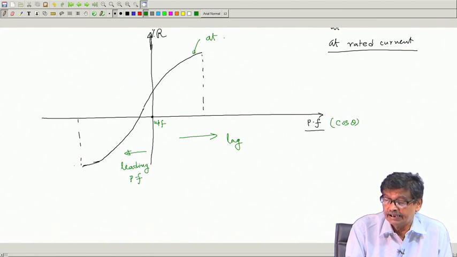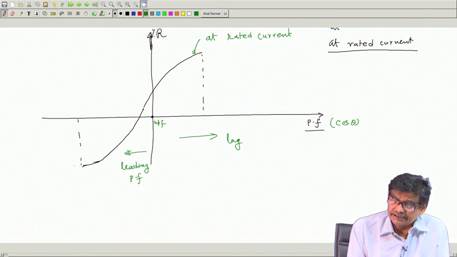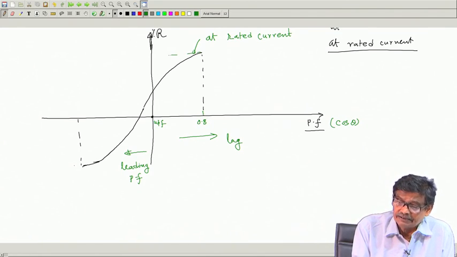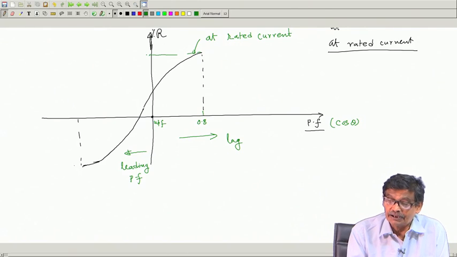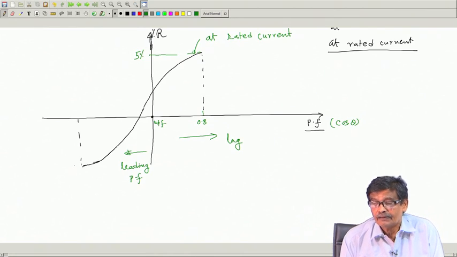I must specify that at rated current. And as I was telling you, at rated current power factor 0.8 lagging, regulation will be small or high? Like efficiency is 99%, 98%, that is common, but regulation should be low, it may be about say 5%. Got the point?